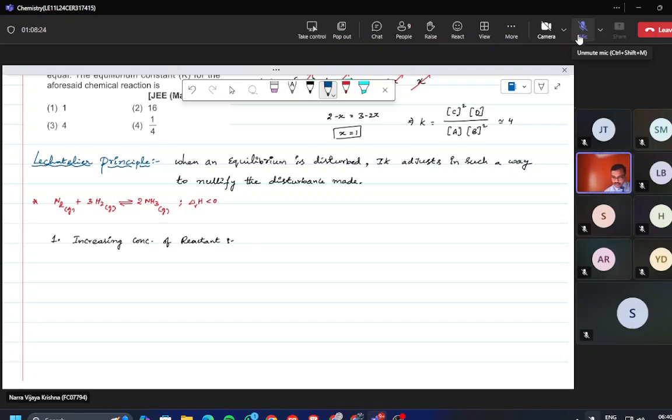So on increasing concentration of reactant, equilibrium adjusts in such a way to decrease concentration of reactant. Instead of saying equilibrium adjusts in such a way to decrease concentration of reactant, simply I will write equilibrium shifts in forward direction.